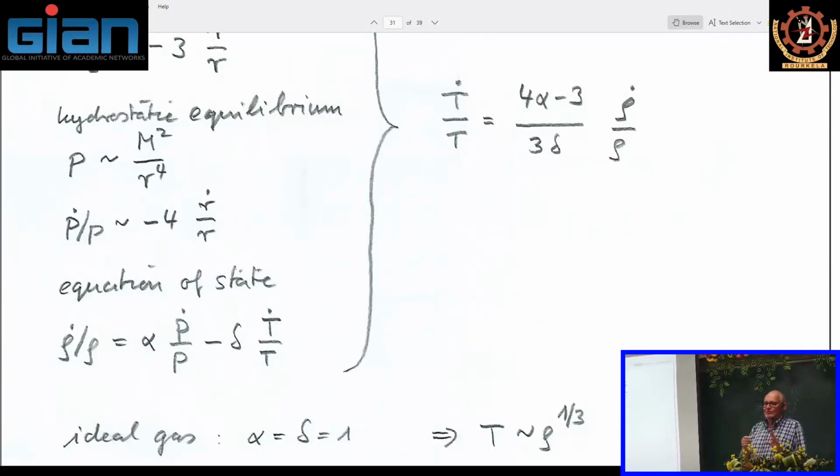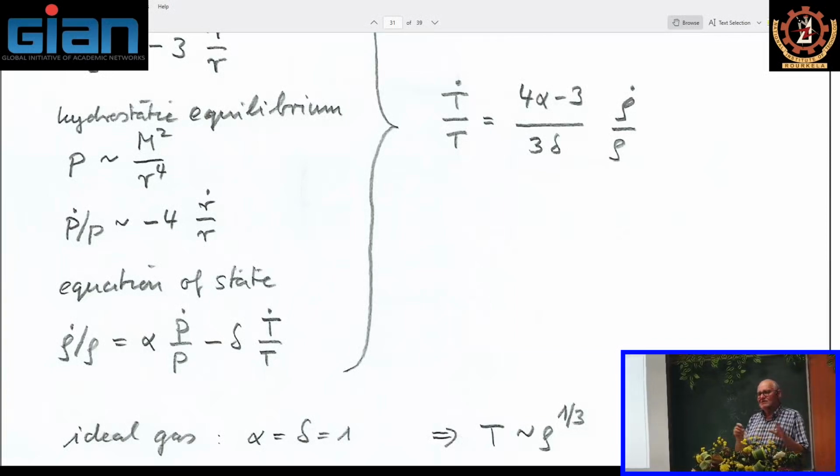Now I have to remind you of a result which we had at the end of the discussion of the equation of state. We considered the transition of the equation of state from an ideal gas to a degenerate electron gas.